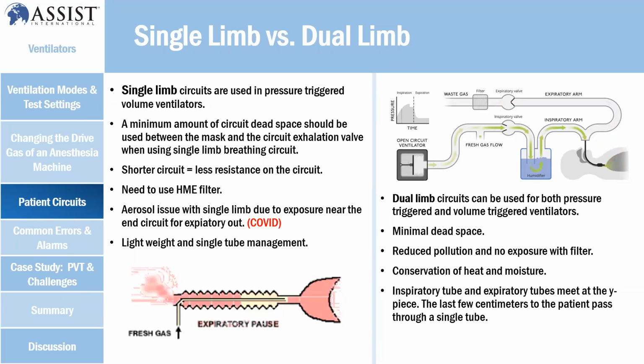Short circuit, less resistance on the circuit, need to use an HME filter. And very important, when you talk about single limb, there's an aerosol issue due to the exposed near end of the circuit at the expiratory out.